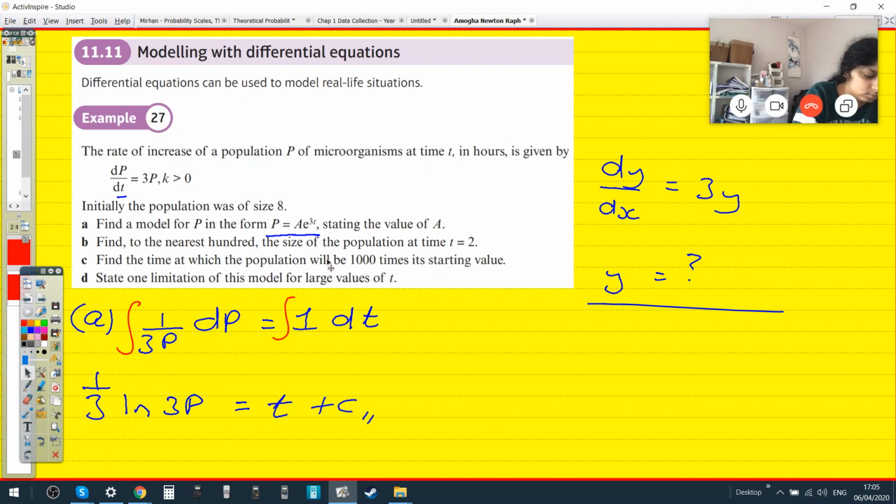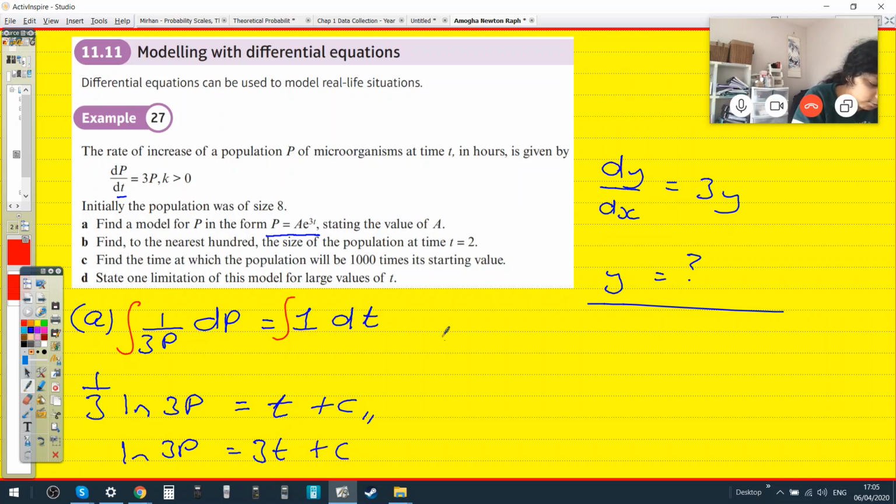Okay. So far so good. And then you said raise both sides to e. Yeah, but wouldn't you have 3p to the power of a third? Yes. So you would have to deal with the third first. Maybe their way would be easier, to multiply both sides by 3 first.